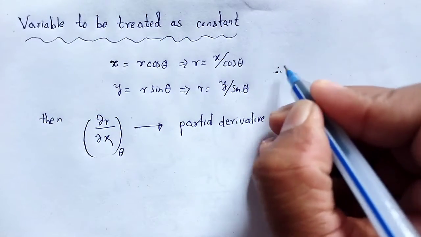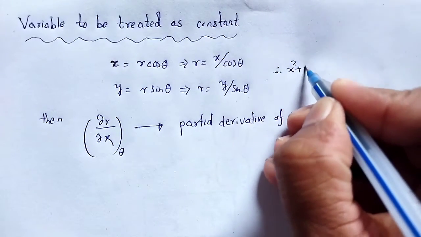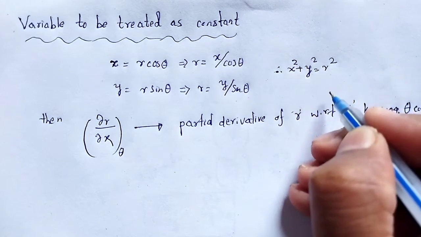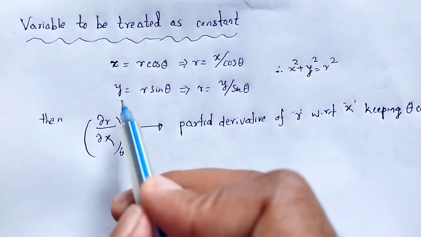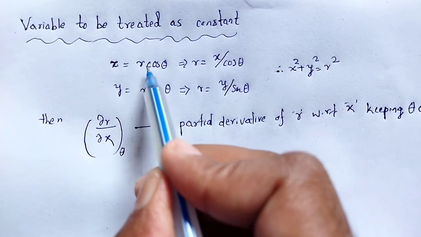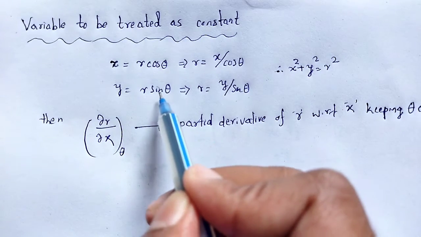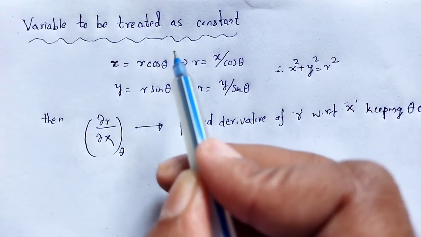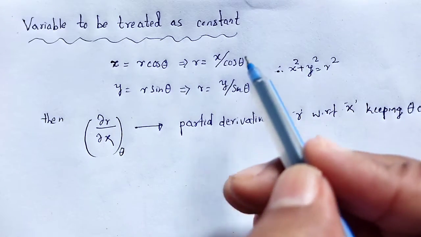Therefore, x square plus y square is equal to r square. X square plus y square means r square cos square theta plus r square sin square theta. When we take r square as constant, that is cos square theta plus sin square theta is equal to 1.